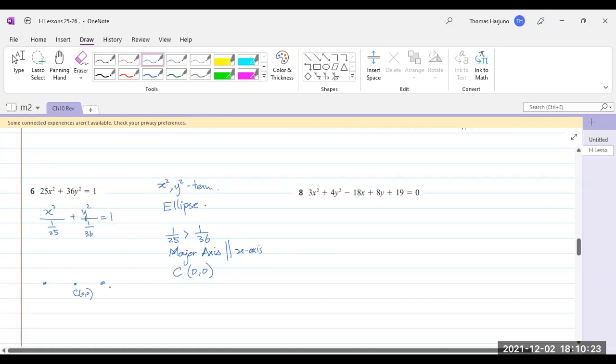So the major vertices are 1/5, 0 and negative 1/5, 0. The minor vertices are 0, 1/6 and 0, negative 1/6.